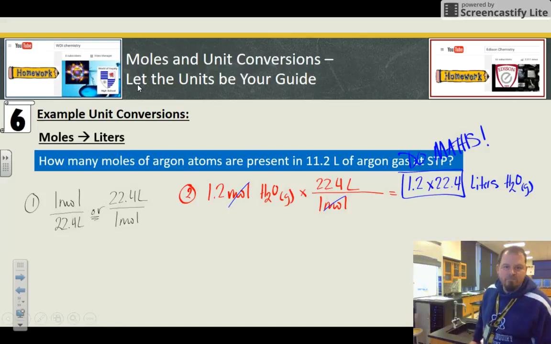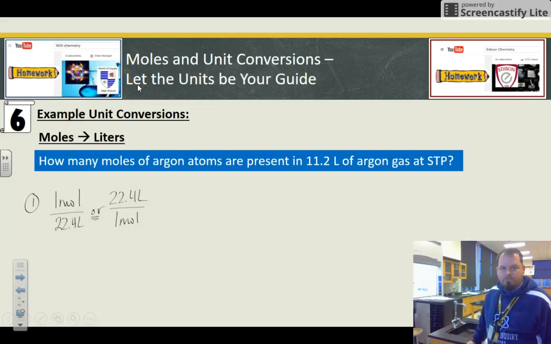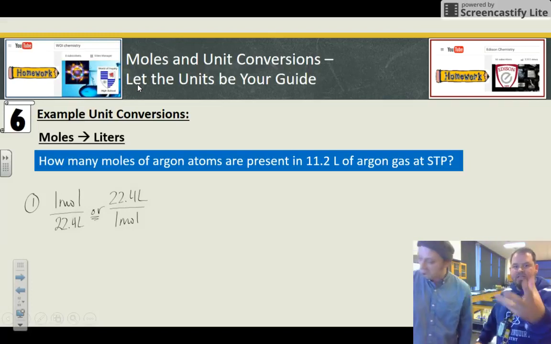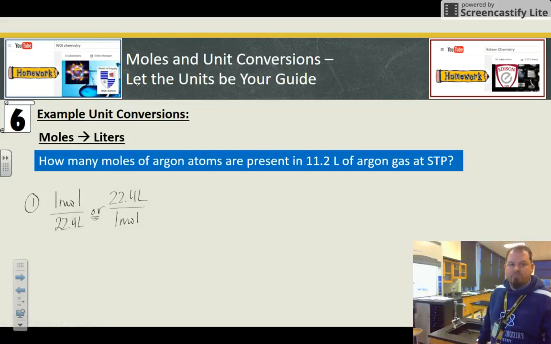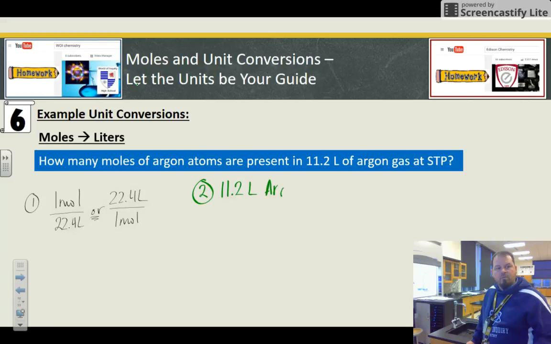Okay, moles back to liters. I'm going to keep that first step because it's the same idea, the same conversion factors to choose from. Then we're going to take this 11.2 liters that the problem gives us as the second step. And this time I need to pick the conversion factor with liters in the denominator, because I'm letting my units be my guide.